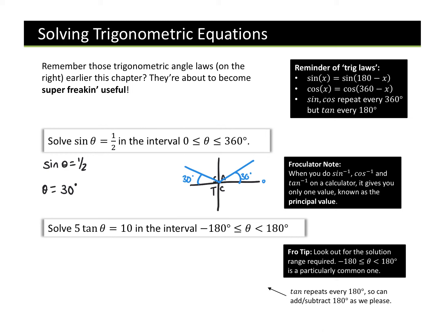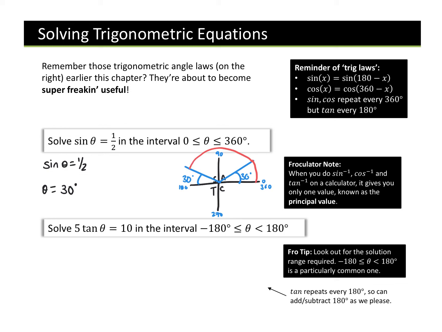Remember, this is 0, 90, 180, 270, and 360. So I start from 0 and go all the way to 360 and see where it intersects. My first intersection is at 30, which I've already got written down. Carry on, my second intersection is here.